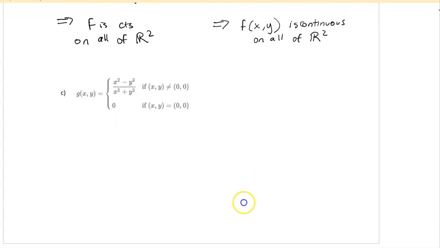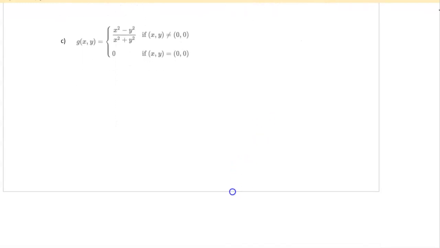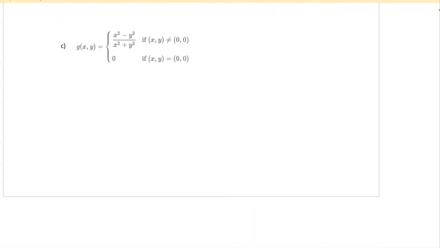Our last example, a piecewise function. We're very used to these things not always being continuous. So let's check this out. First of all, g of (0, 0) is equal to 0. So g is defined at (0, 0).